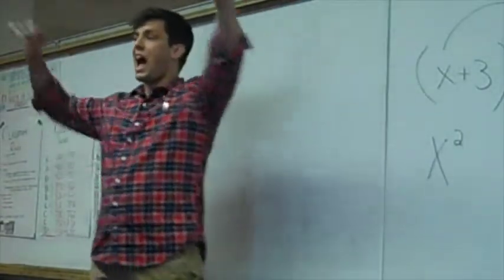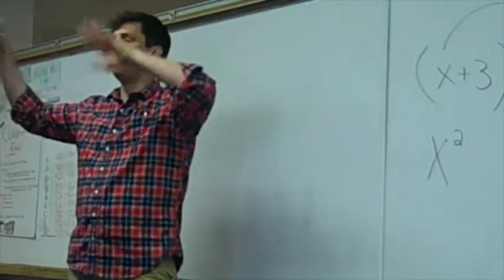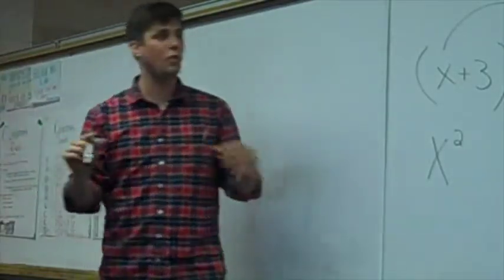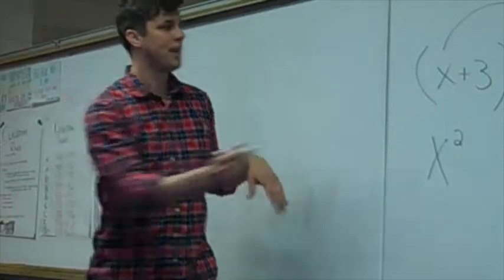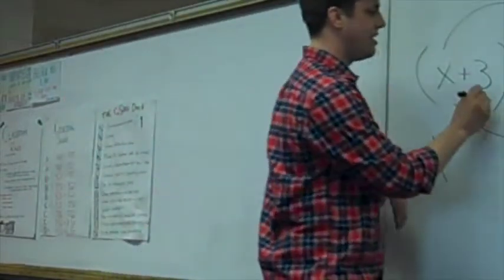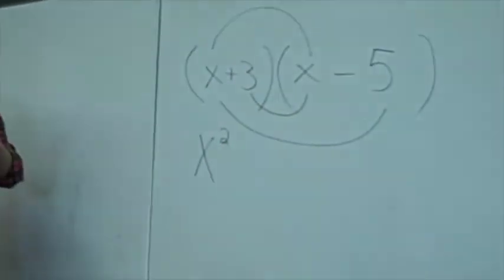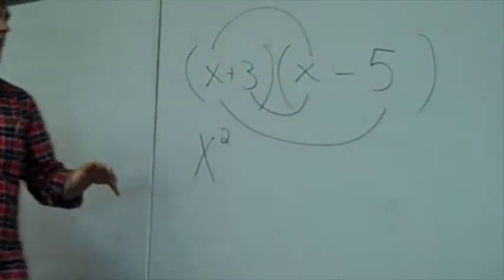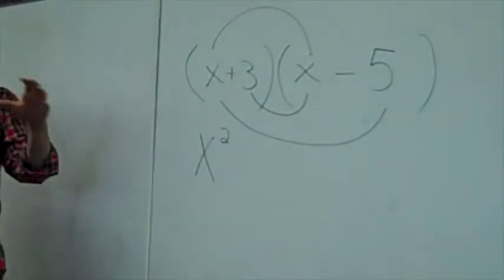Now, the way I've taught you guys FOIL and I've taught you smiley face. For now, I'm going to do smiley face, and you'll see why in just a second. The smile and the nose, those two multiplications, this x times -5, are going to create two inside terms.